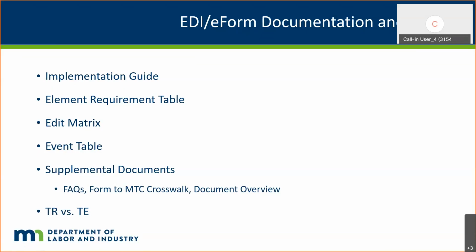Basically what this means, there's a nice advantage for all of you with this. You won't be able to submit if there's an error on your transaction, and you'll get messages telling you what those errors are. I'll show an example of that when I go through an eForm, but it's kind of nice because you guys are getting that information in real time.